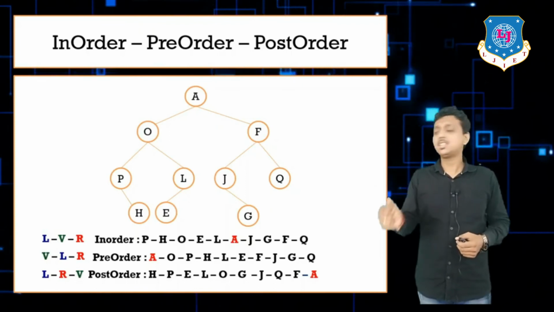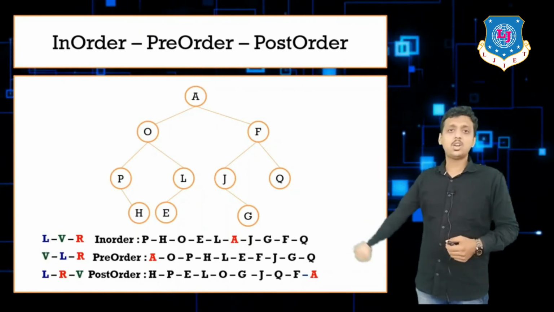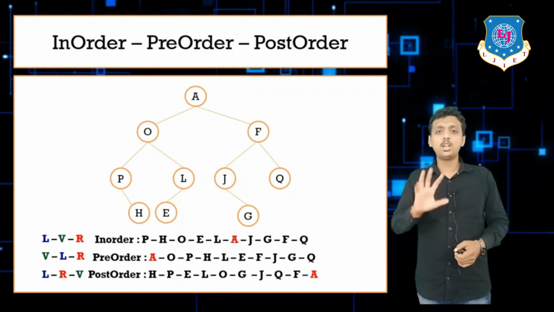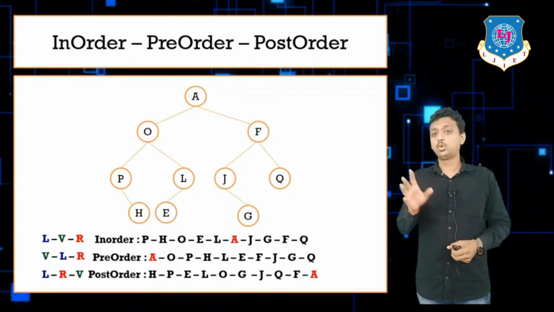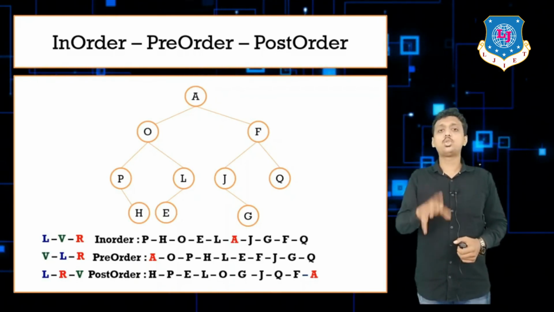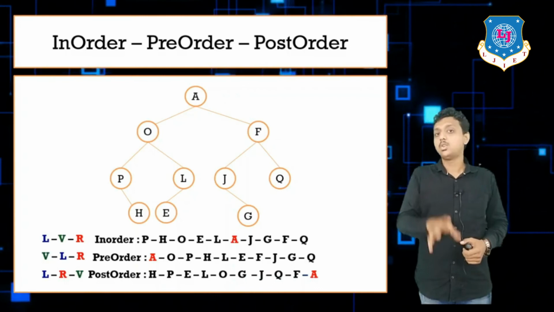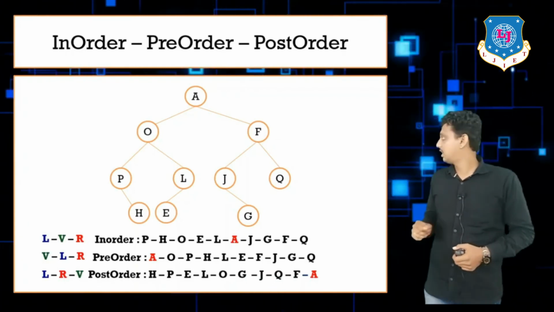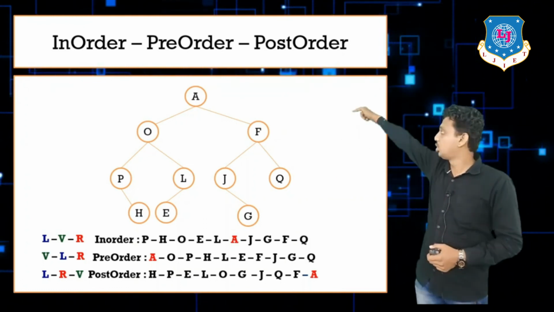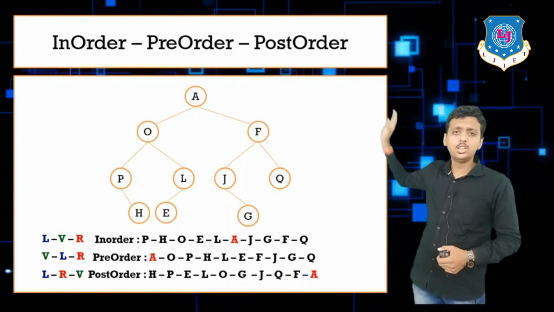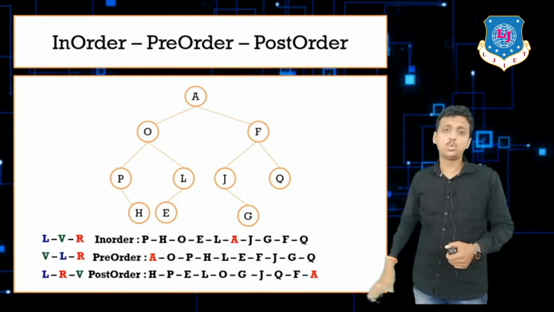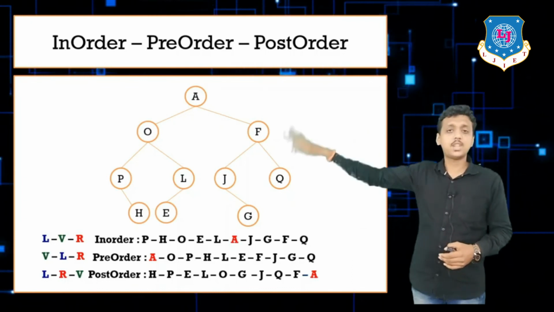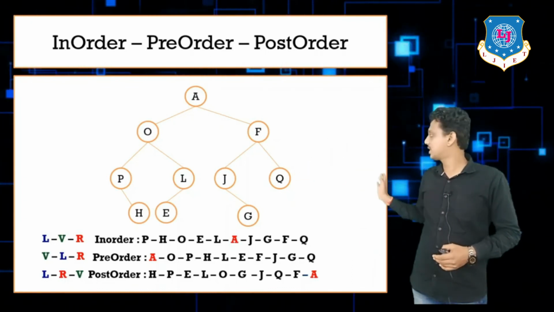Now, if you look at all three lines, in order, pre-order and post-order: in order, the root node is in the middle; in pre-order, the root node is very first; and in post-order, the root node is at last. Now, if you make your observation sharper, all the nodes situated on the left side of the root node are on the left side in order.